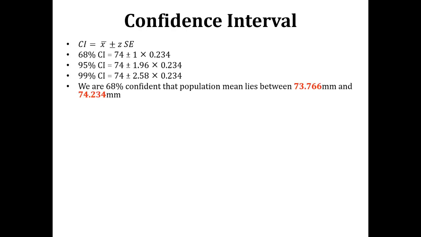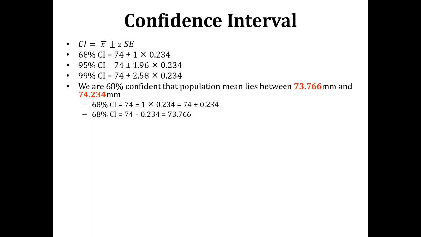We are 68% confident that the population mean lies between 73.766 millimeters and 74.234 millimeters. How did we calculate this? We put in the values 74 plus minus 1 times 0.234, so we add and subtract the value 0.234 from the mean value of 74.